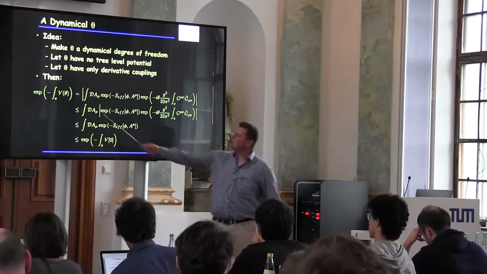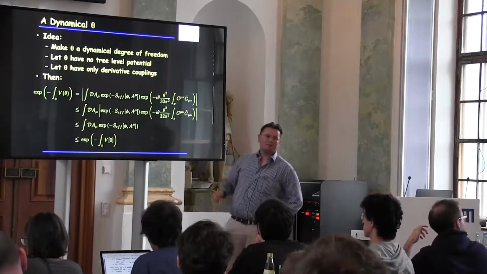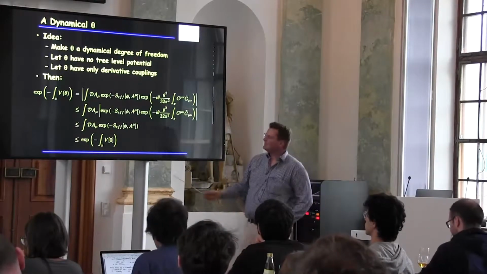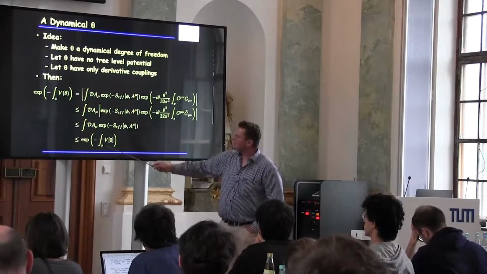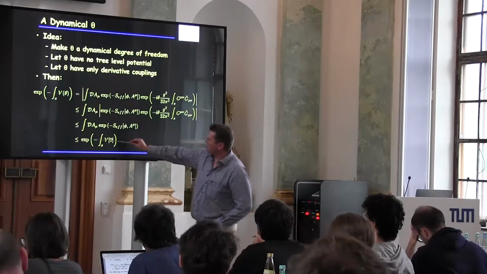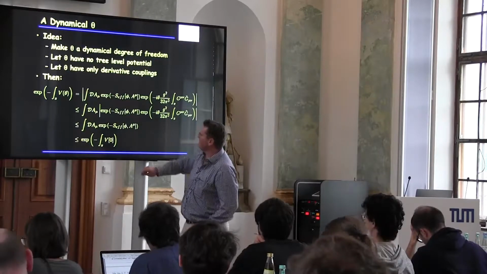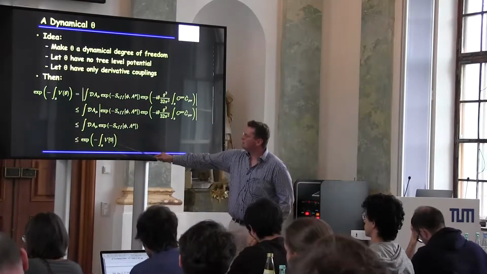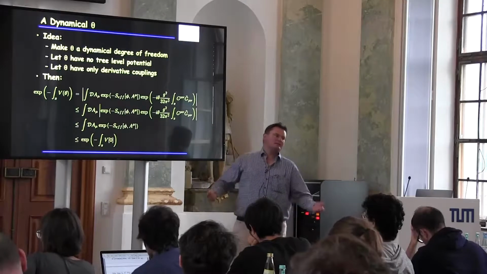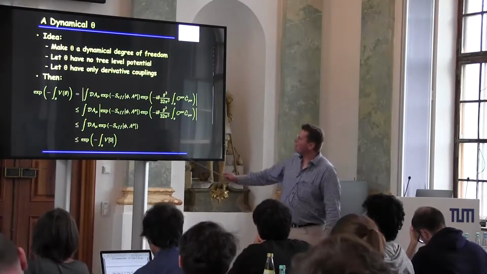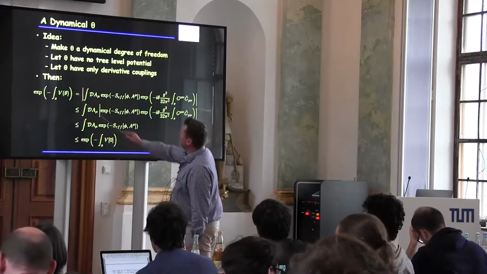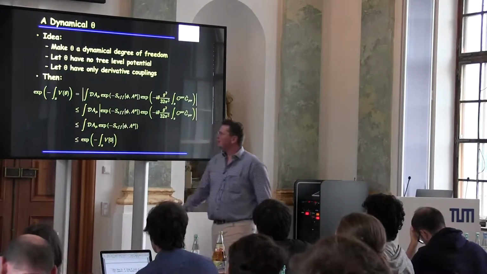Well, and now you use, again, your expression for your effective potential, and you find that basically this is nothing but the exponential, and I should actually have equal signs here, sorry. And so this is equal to e to the minus the potential at 0. And now you have a nice inequality between here and here.